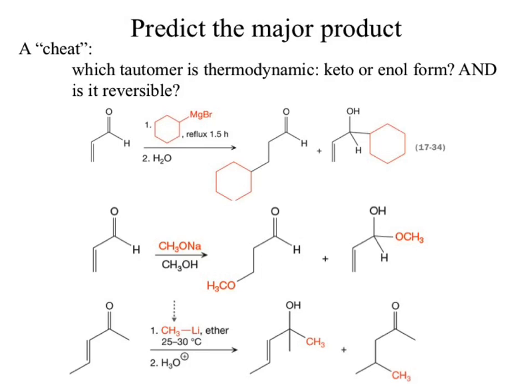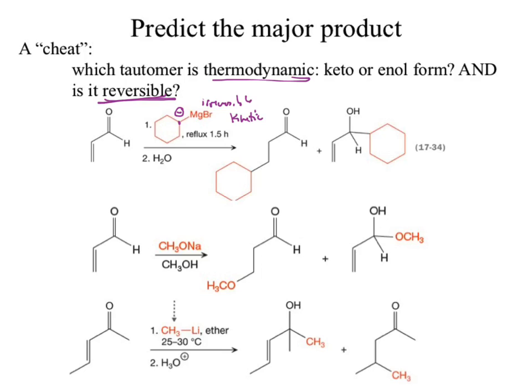Which product do you expect? I asked two questions. Trying to decide which of the tautomers is thermodynamic, and then is it reversible? The reversible is looking at the nucleophile. Our nucleophile in the first one is a negative carbon, which would suggest irreversible. Irreversible means kinetic product. Before we look at the answers, let's move on to the next one.